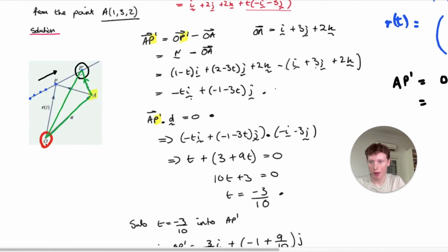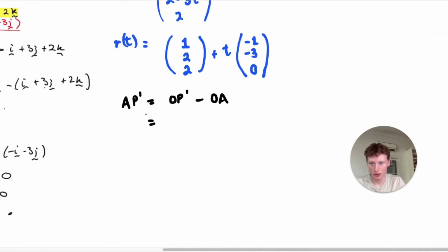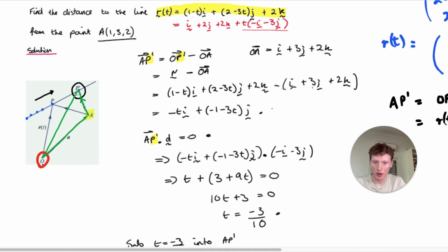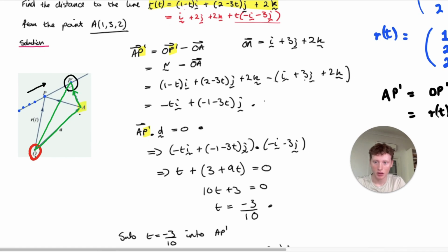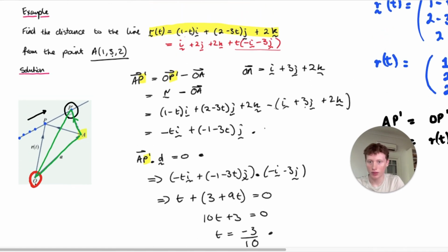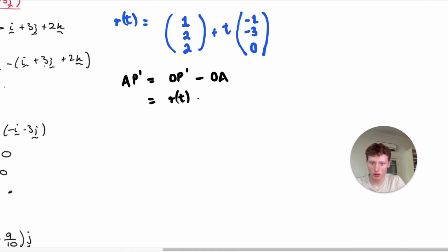So o to p prime is actually just rt. It's just rt in disguise. Then what we've got is our vector O to A. O to A is just 1, 3, 2, except it's the negative version of that vector. So 1, 3, 2.